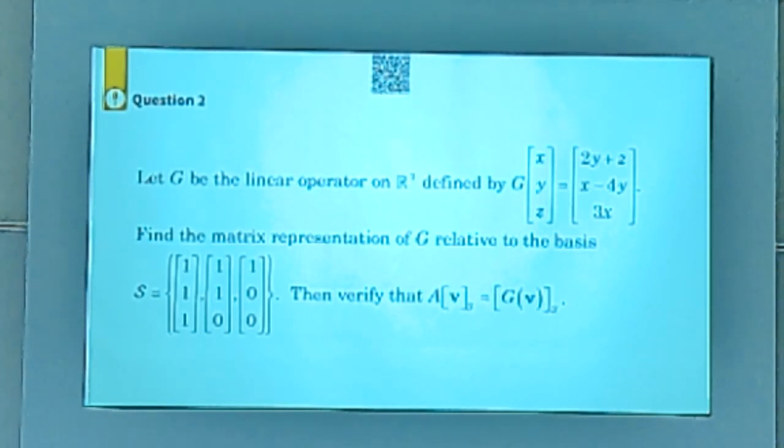New operator, this comes on R3. Test, and I think for the sake of time, I won't verify. We'll just go ahead and find the matrix.